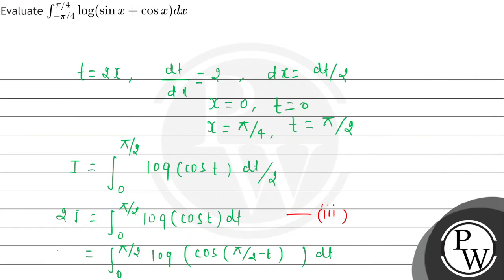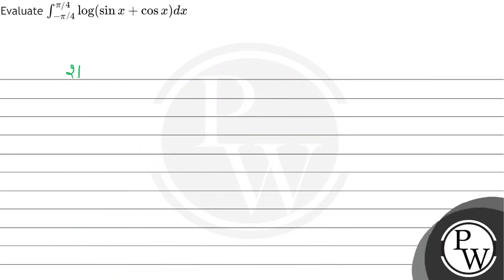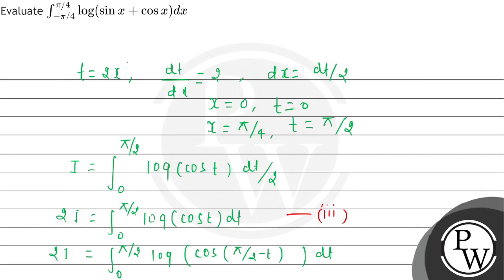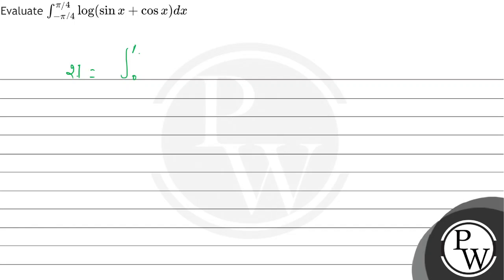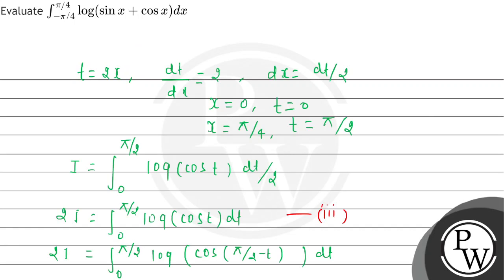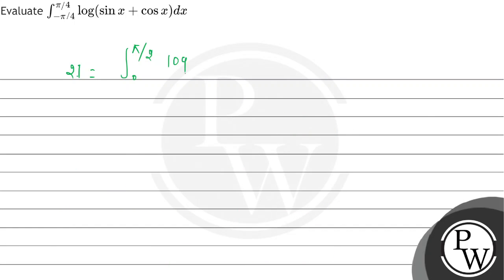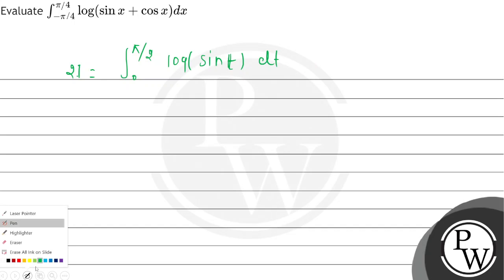After solving it, 2I is equal to the integration from 0 to pi by 2 of log of cos of pi by 2 minus t, which can be written as sin t, dt.